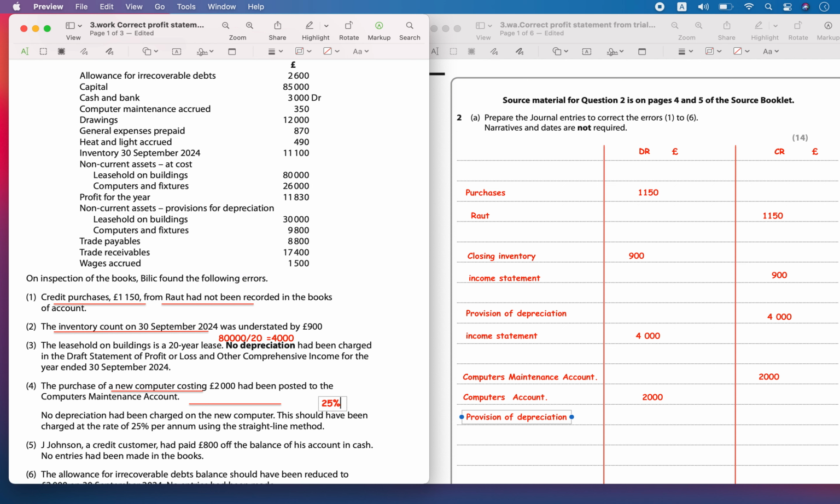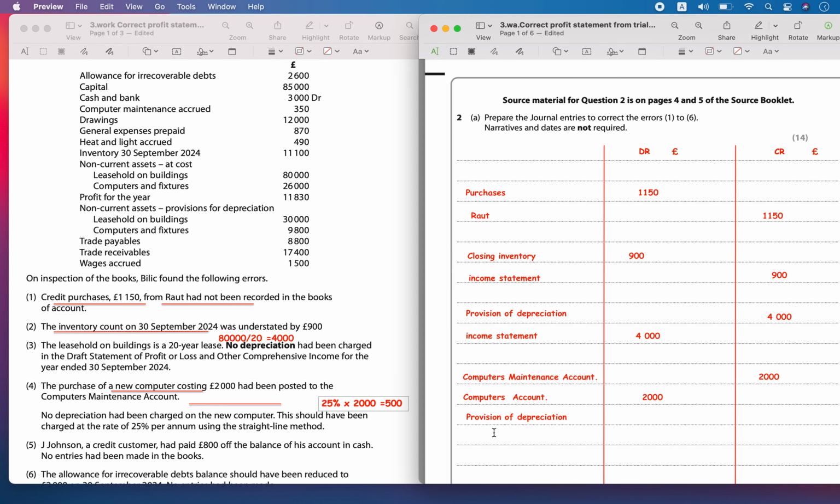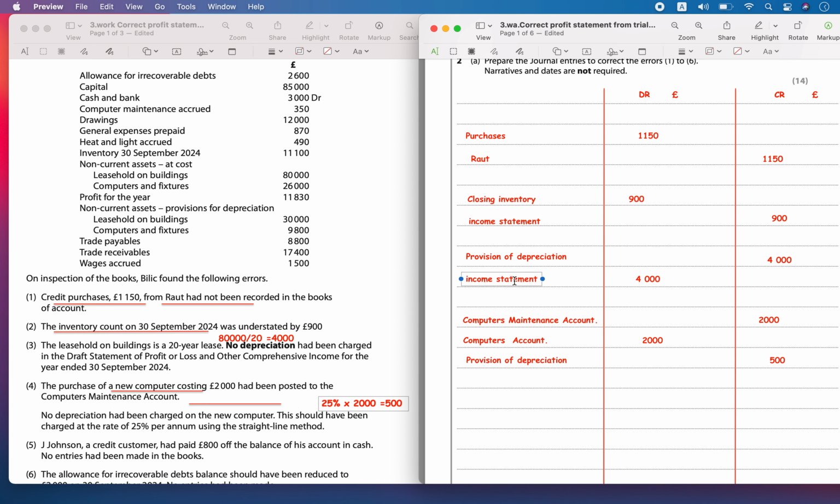Let's calculate: 25 percent of 2000 is equal to 500. So we have to charge this. For charging the depreciation, we will include the provision for depreciation on the correct side as 500, and this we have to transfer to the income statement as an expense of 500.